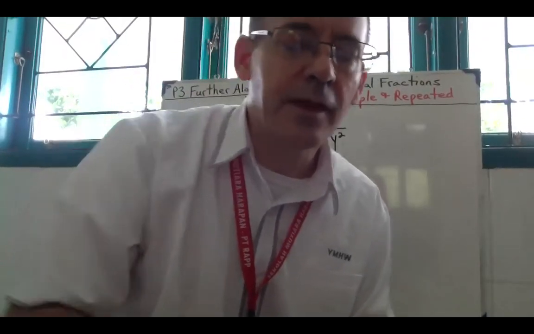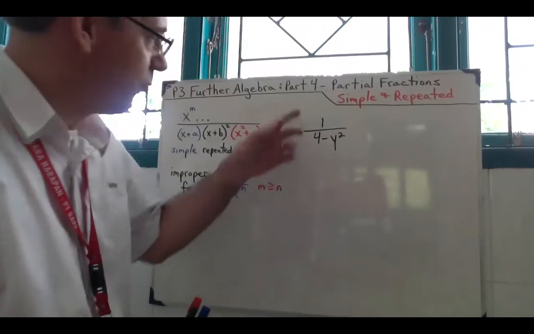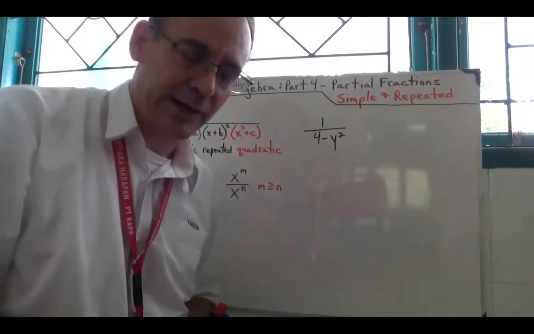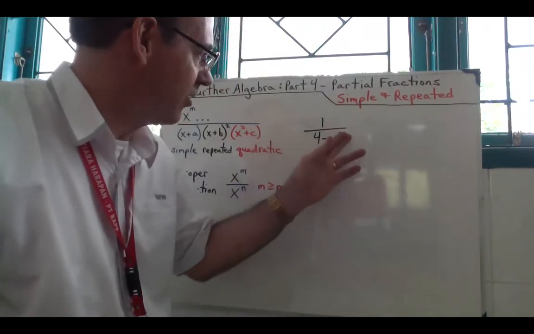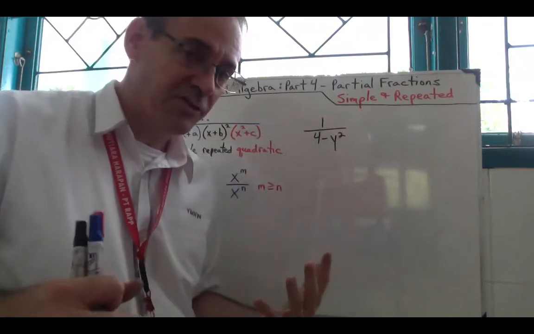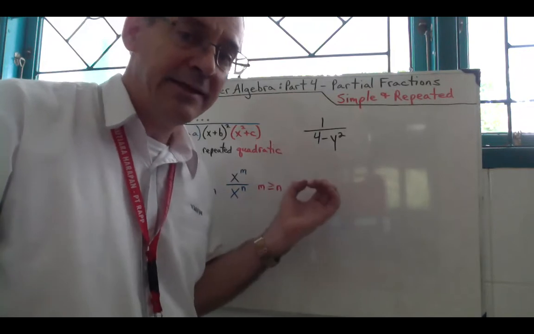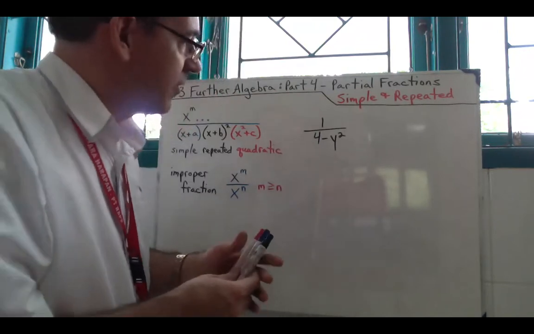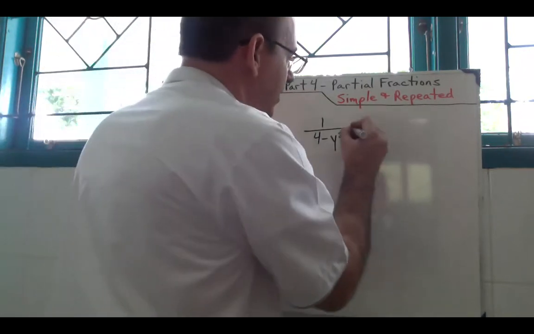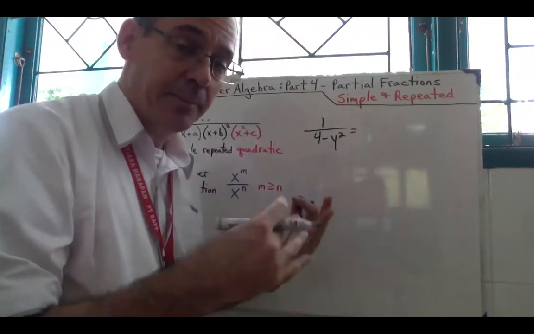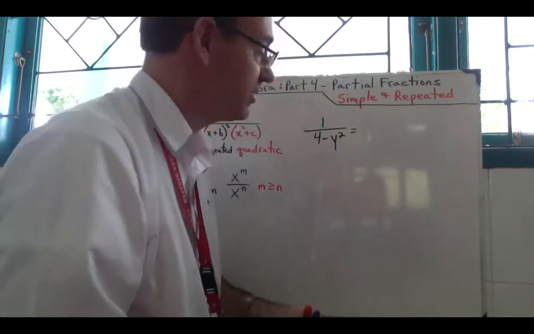But when we look at it, here we have 1/(4 minus y squared). Now notice there are no parentheses. There's no factors here. In other words, this is in polynomial form, not factored form. So we should split this apart into factors before we split the fraction.